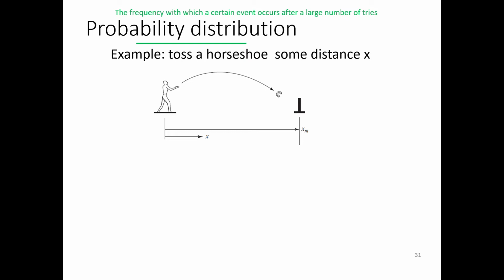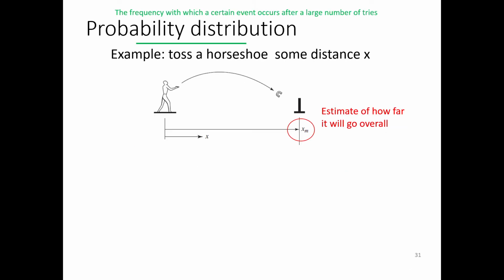Let's say we want to toss a horseshoe at a distance, right? The first thing you want to do is estimate how far it will go overall, which is going to be your estimate, the average value, the arithmetic mean in most cases for us.